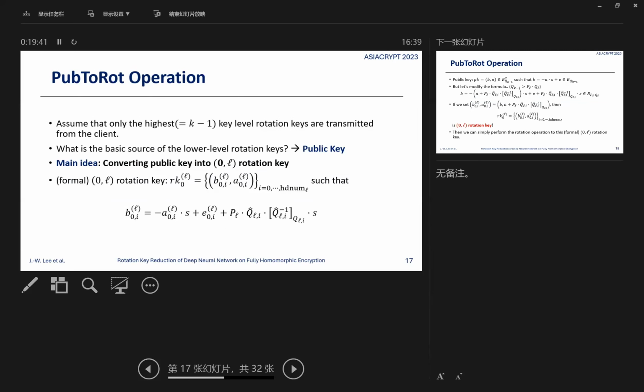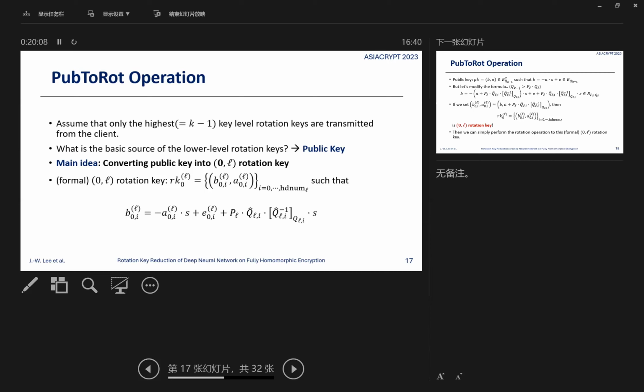And there is a second algorithm, the pop-to-roll operation. Let's assume that only the highest key level rotation keys are transmitted to the client. What is the basic source of the lower level rotation keys, because the client does not transmit any lower level rotation keys?